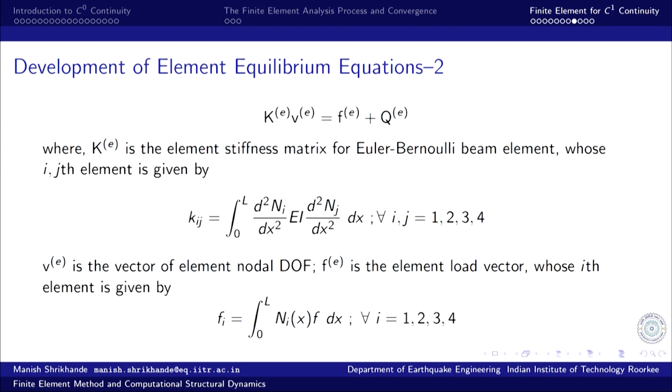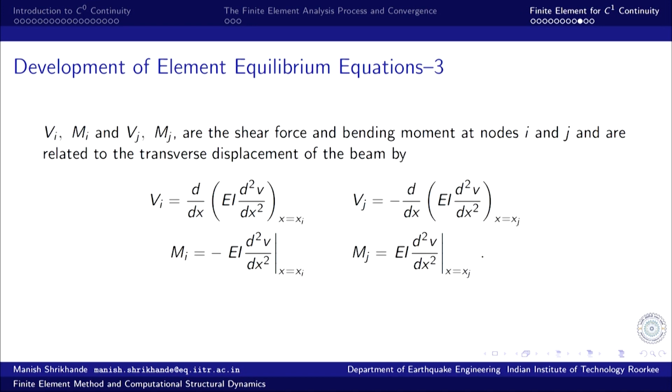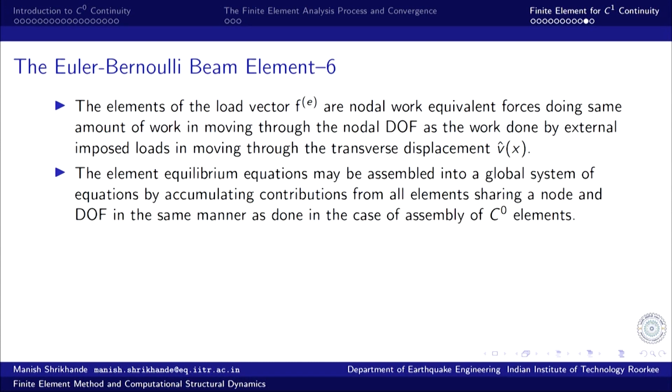These element level equations would be assembled into a global system of equations comprising all the degrees of freedom of all the nodes in the structure of the finite element mesh, and that global system of equations would be accruing contributions from different elements, right.